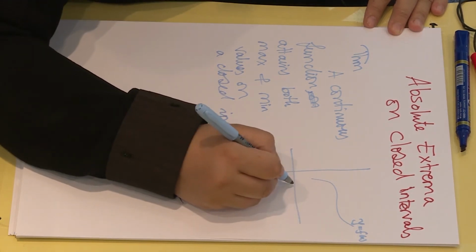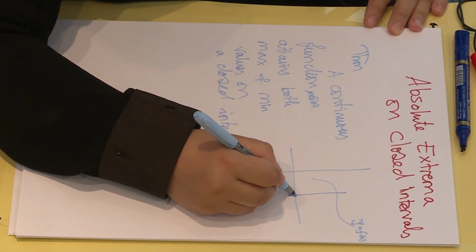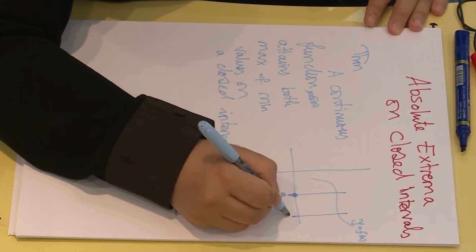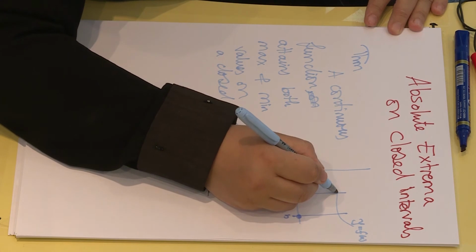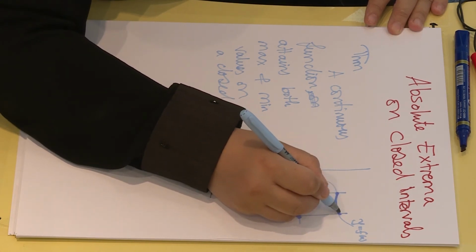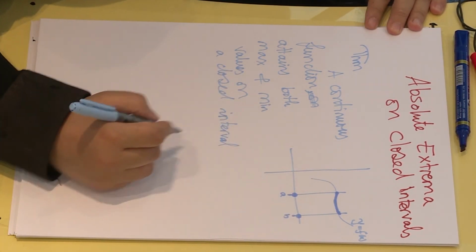So if I have a closed interval here, for instance, and this is A, and this is B, this continuous function will attain both its minimum and maximum values on this closed interval.